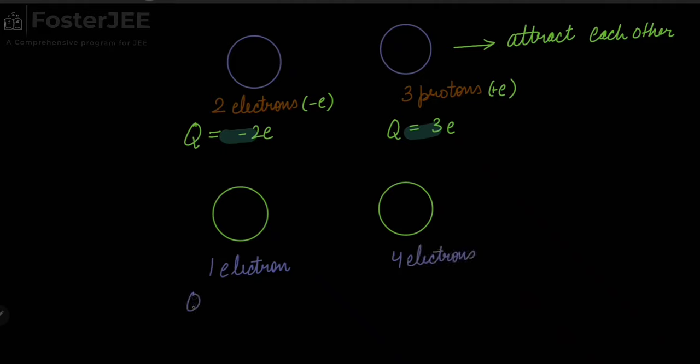Now, the total charge on this body will be minus 1 of E, that is minus E, and the total charge on this body will be minus 4E. Now, since both the bodies have same charge, that is like charge, they will simply repel each other.